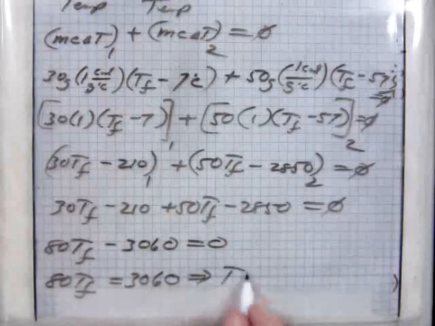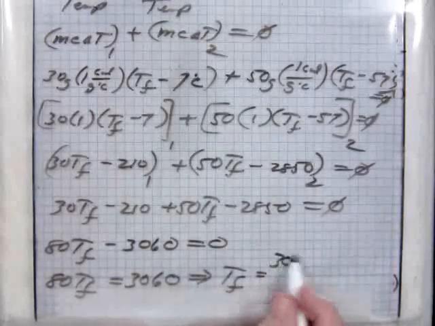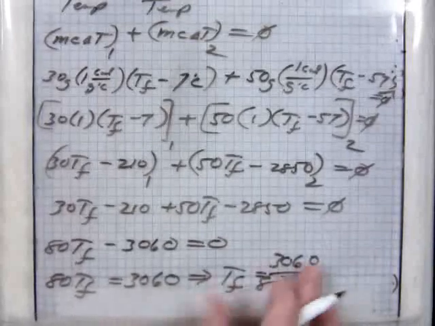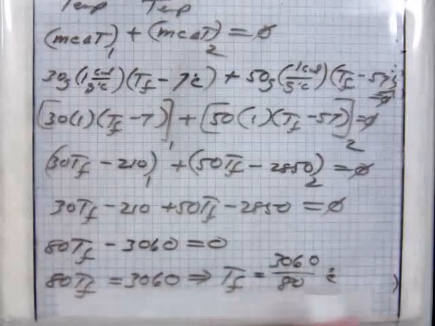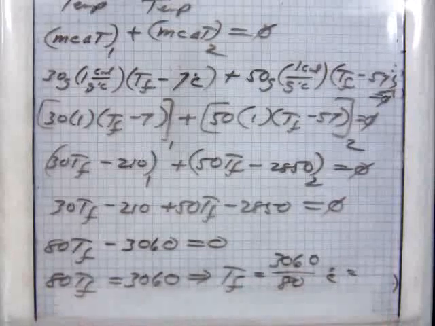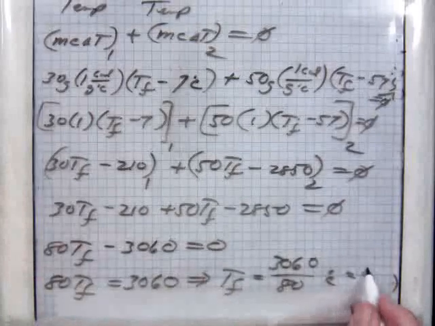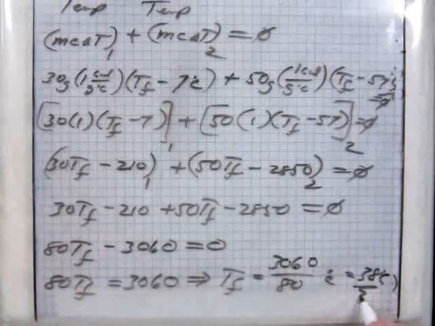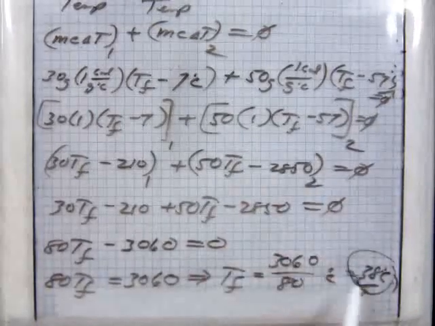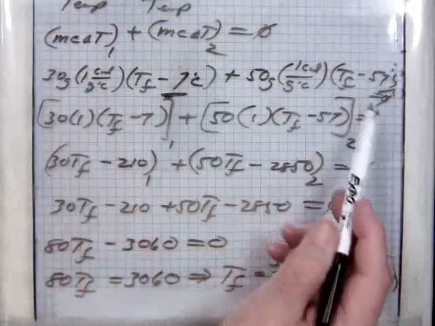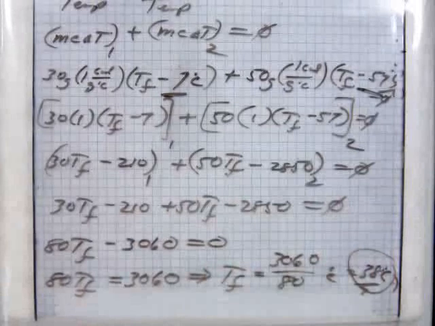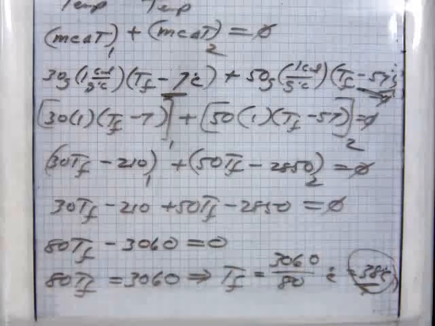And your final temperature is 3060 over 80 degrees Celsius. And it's 38 degrees C. Well, now when you get your answer, be sure it's between the two temperatures. Because that's where it's going to, if it's above or below, you need to go back and check your calculations.